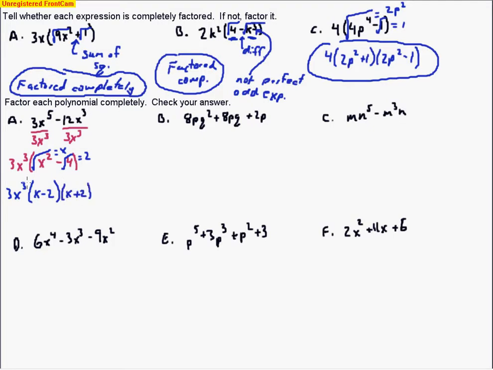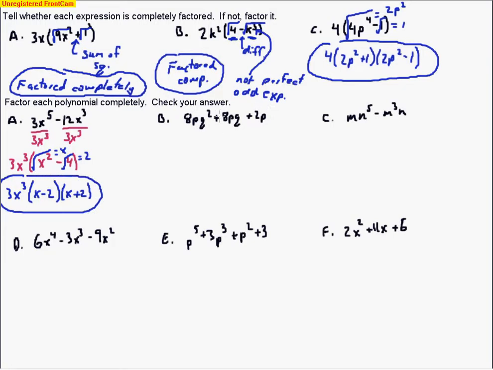Now I know it works out because I know I took out the 3x to the third already. And if I go ahead and multiply out this x times 2 and then negative 2 times x, they cancel out. That's why we have no middle term here. x and x make x squared. Negative 2 and 2 make negative 4. So I know it ends up working out. So I've checked my work there.